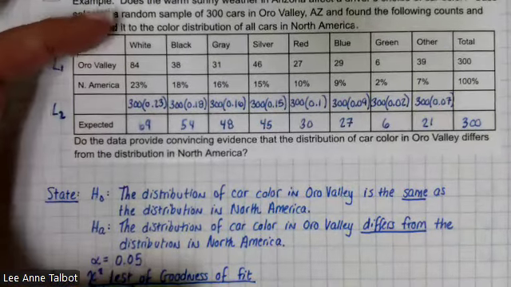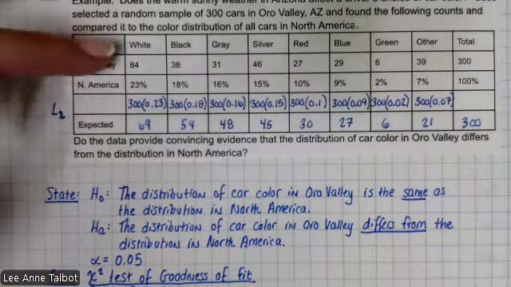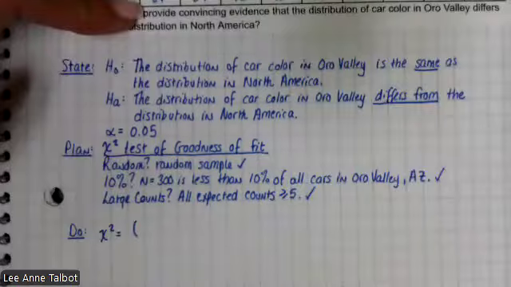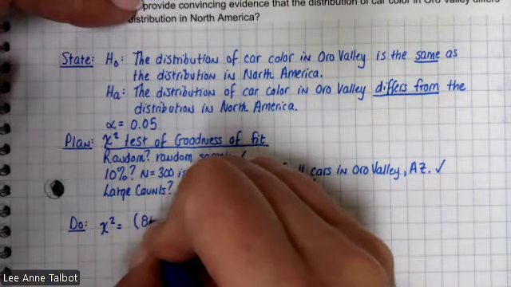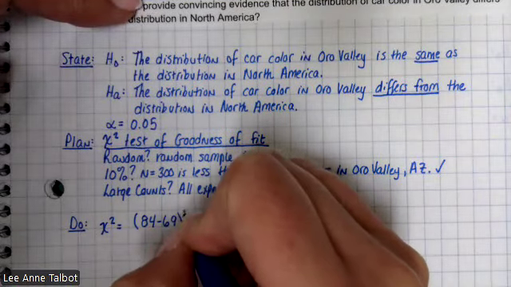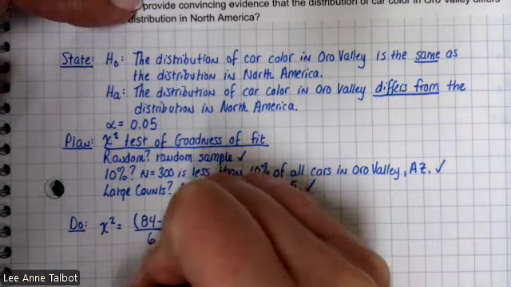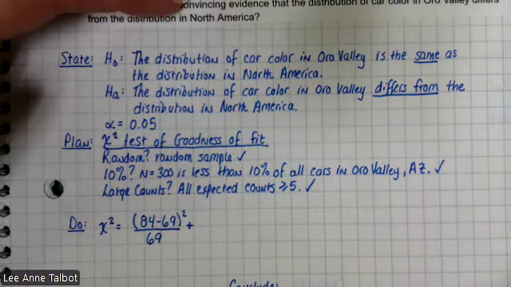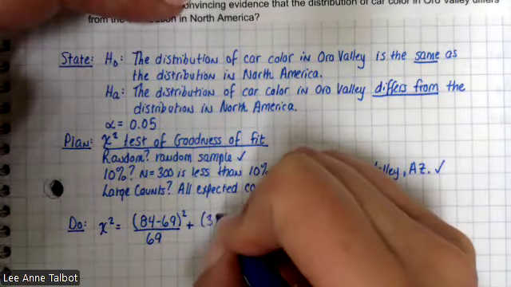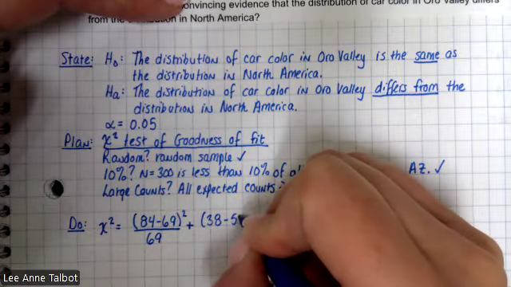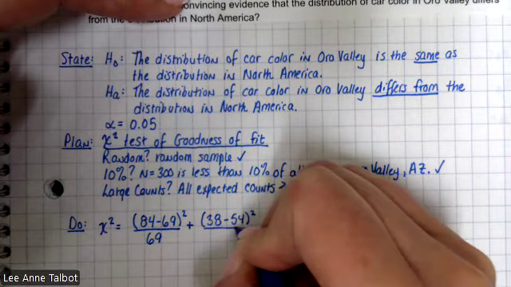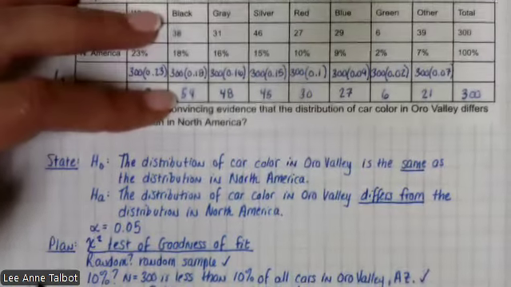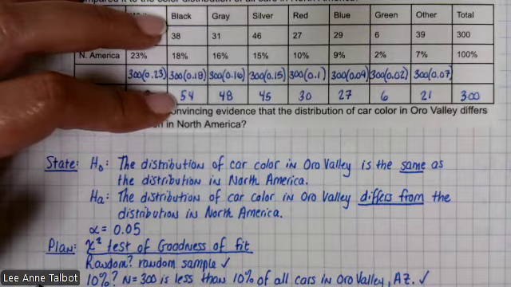Okay, so first, let's do the white category. So observed is 84, expected is 69. So 84 minus 69 squared over 69 plus 38 minus 54 squared over 54. Are you guys okay so far? See where the numbers are coming from?